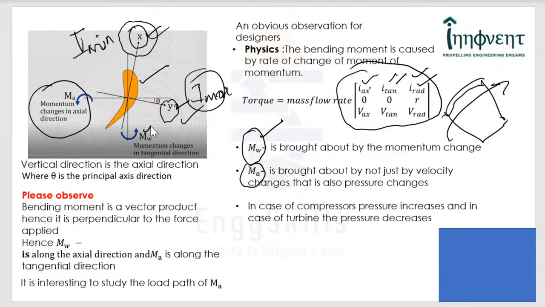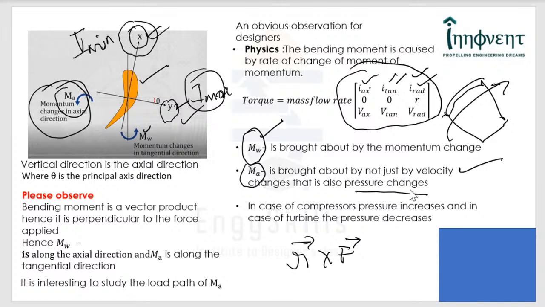It is obvious that bending moment is a vector quantity, that is r cross F, and therefore if you apply force in one direction, it causes movement in the perpendicular direction, and whatever happens in the axial direction will bring about a torque in the tangential direction. But what is to be remembered is that in the axial direction, it is not just the velocity changes that contribute, but also the pressure changes, right?